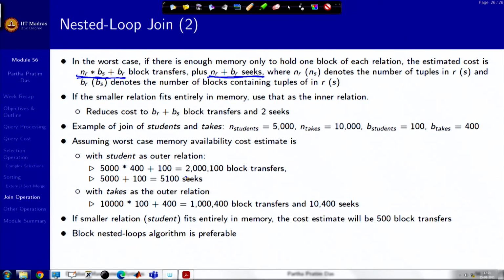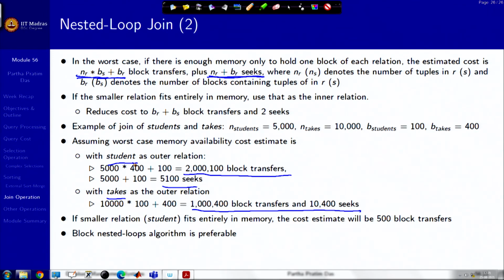If you take the numbers, this is the number of block transfers if you use student as the outer relation, and this is the number of block transfers and seeks if you use takes as the outer relation. It is immaterial in which order we do this join: R theta join S or S theta join R will always give the same result, except for the final ordering of the attributes.